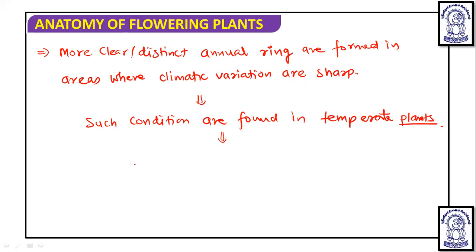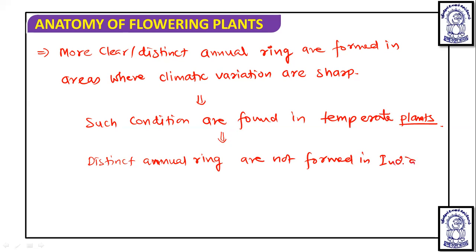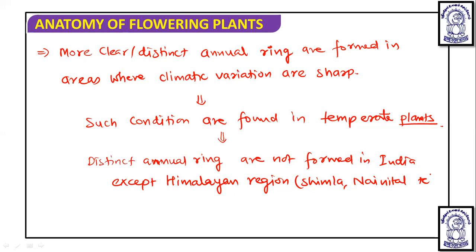Distinct annual rings are not formed in India except in the Himalaya region, which includes Shimla, Nainital, etc. In this region you will see distinct annual rings.